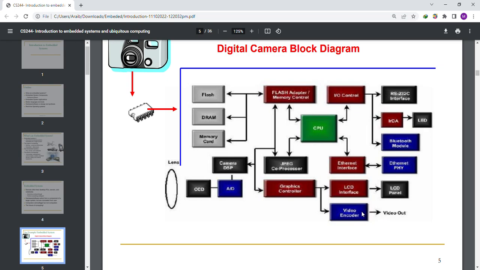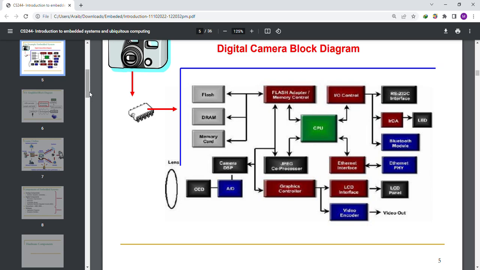These all components are in the chip, and the chip is in the camera. Let's move to slide number 6. Next slide. I am not going to make the video long, so we can cover this lecture in two videos.